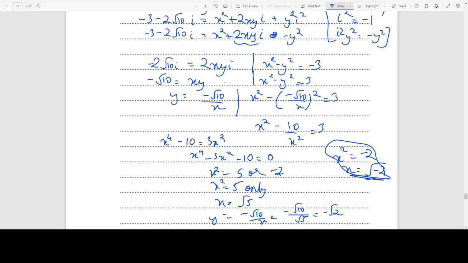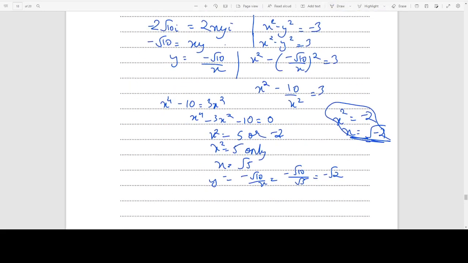So, well, I think, oh wait, I just forgot, x can be plus or minus root 5. So when x is positive root 5, y is negative root 2, and when x is negative root 5, y will have to be positive root 2.